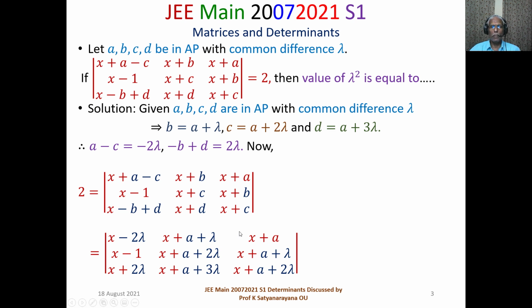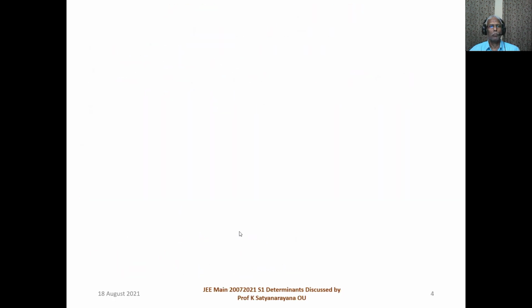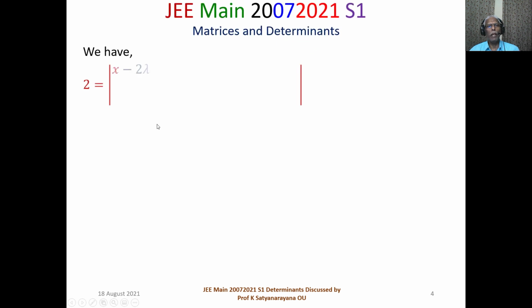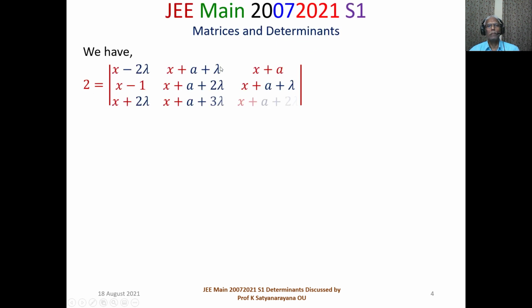Now take this to the next slide. We have 2 is equal to this 3 by 3 determinant.